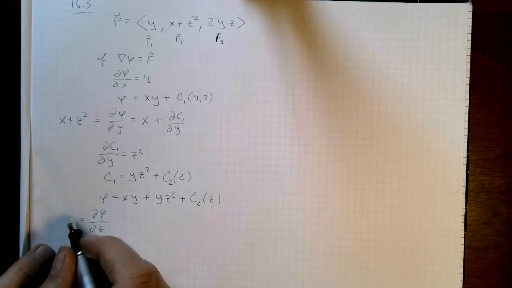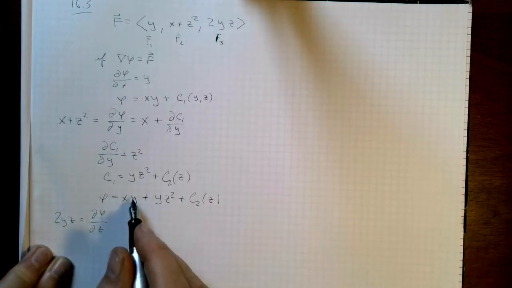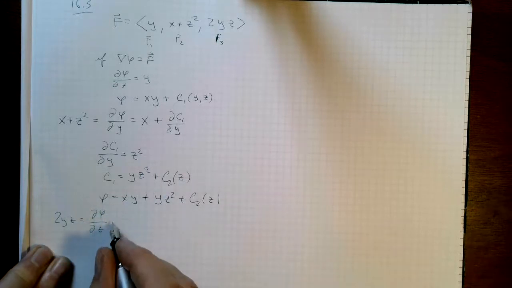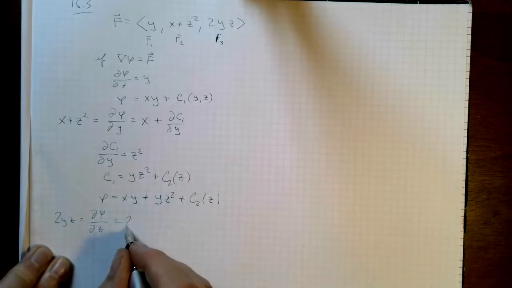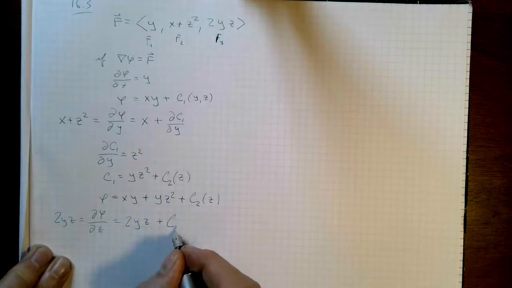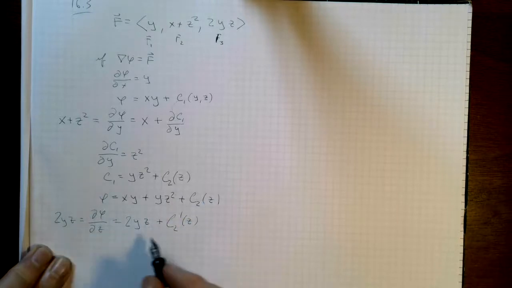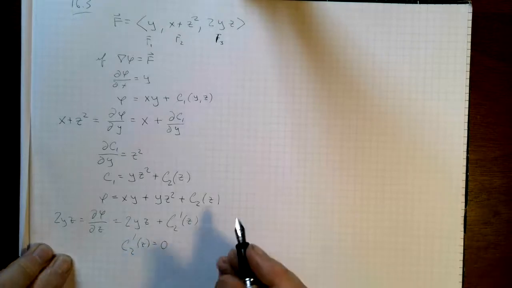We're supposed to get 2yz, and we get 2yz from the yz squared term, then we get c2 prime of z. That's just a function of one variable, so c2 prime of z should be 0.